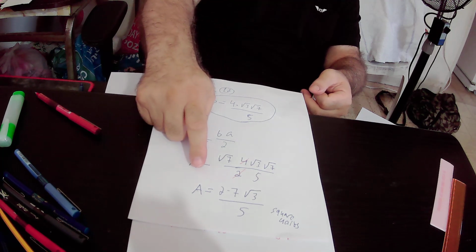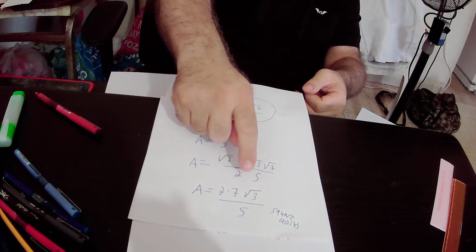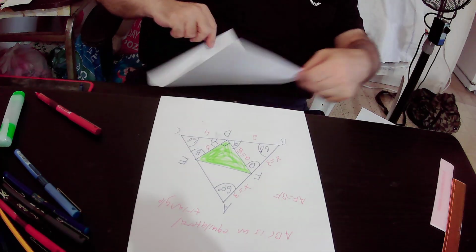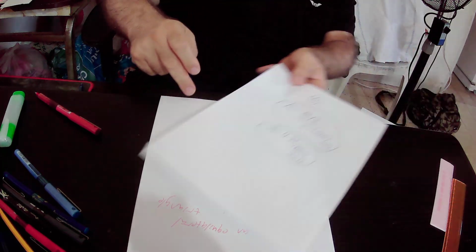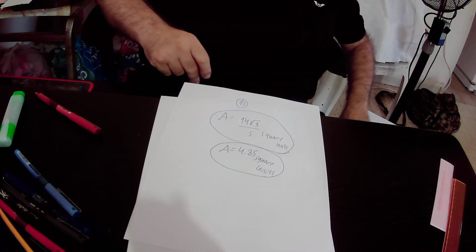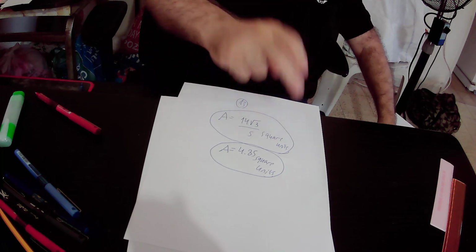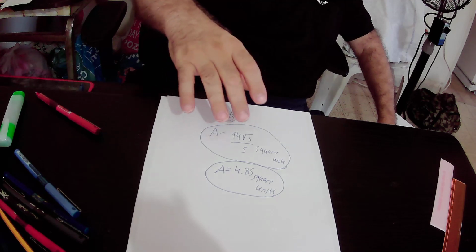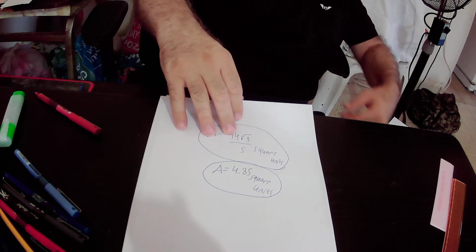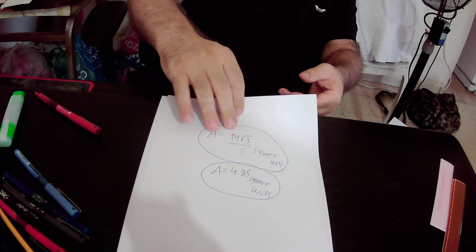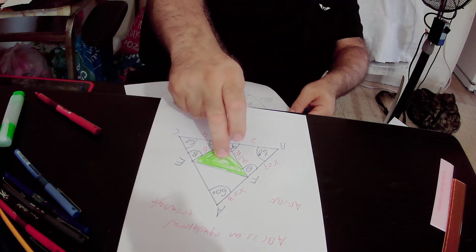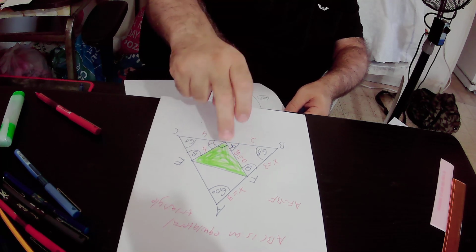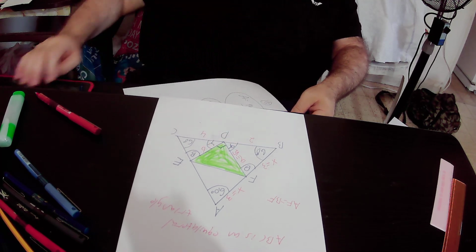So the area of the green triangle DEF equals to 14 times root of 3 over 5 square units, or in terms of numbers, the area of the green triangle equals to 4.85 square units. Again, the area of the green triangle equals to 4.85 square units. Okay, thank you very much.